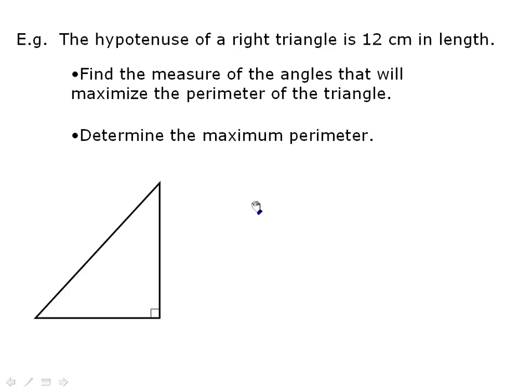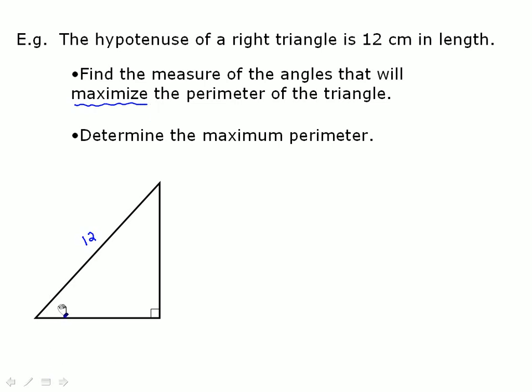So here's our situation. Here's our triangle, and this hypotenuse is 12. Now the way we want to set this one up is to understand first off that this is a maximum issue. So we're not doing a related rate with it. We're instead doing a find the critical numbers and then check to see whether those critical numbers represent a min or a max value.